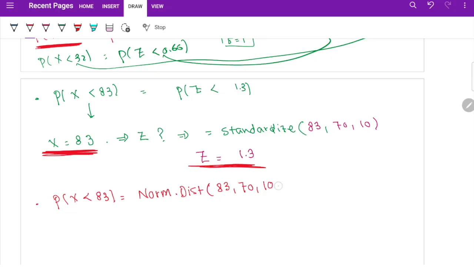The order is important. Comma, we're going to write true. Let me get the answer for you quickly. So this is 83, comma 70, comma 10, true. So what we get, I get approximately 90%. So 90% of the people scored less than 83. So your grade is really high, right?